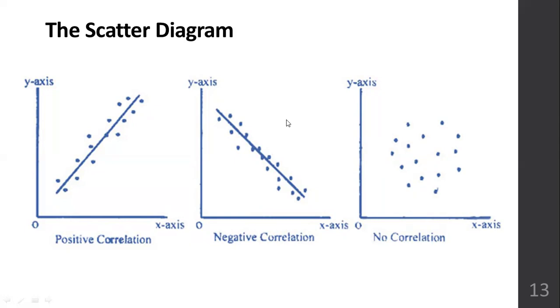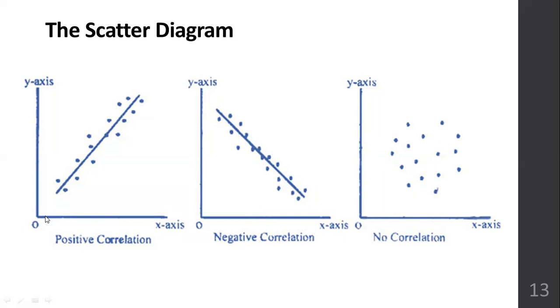So in the scatter diagram, if you see the first diagram on the left, if all the points are moving in an upwards direction, it means the variables are dependent on each other. If one thing increases, the other thing also increases. For example, smoking and lung cancer.